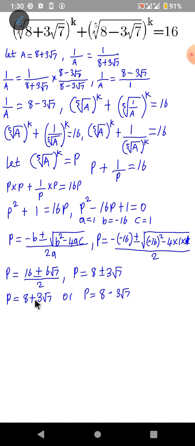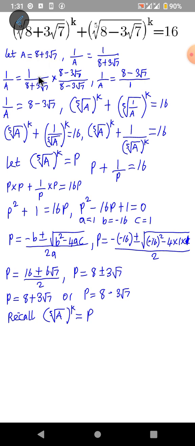Now we can recall, the fifth root of a raised to the power of k is equal to p. Now we know that p is equal to 8 plus 3 root 7, or p is equal to 8 minus 3 root 7. And we also know that a is equal to 8 plus 3 root 7.